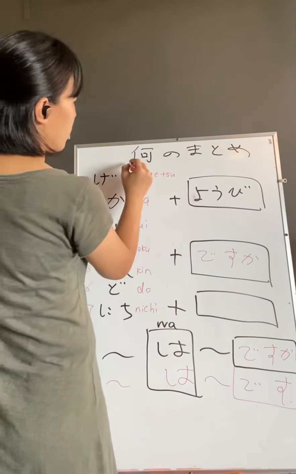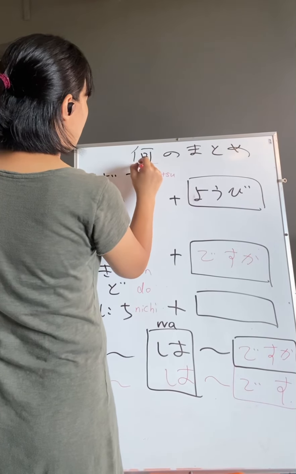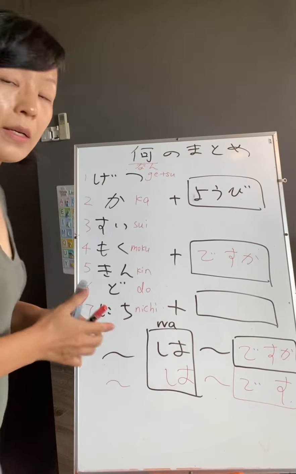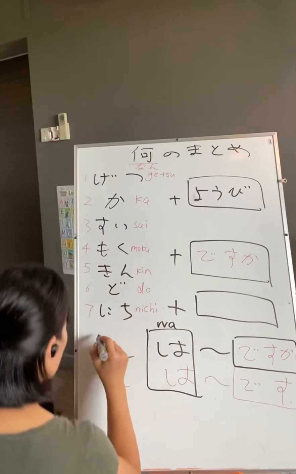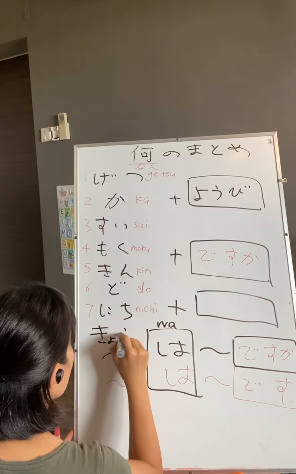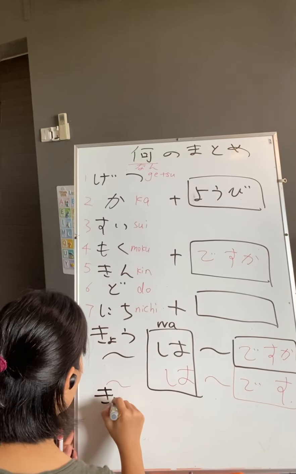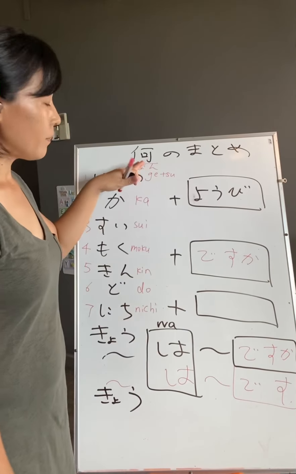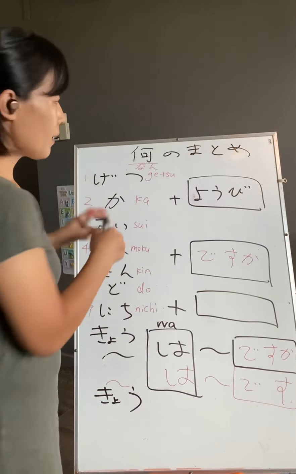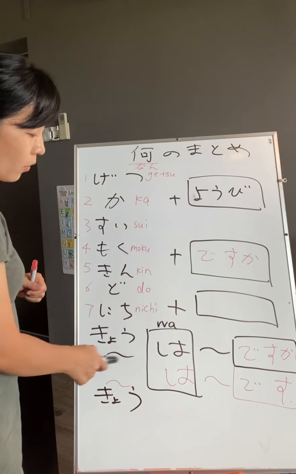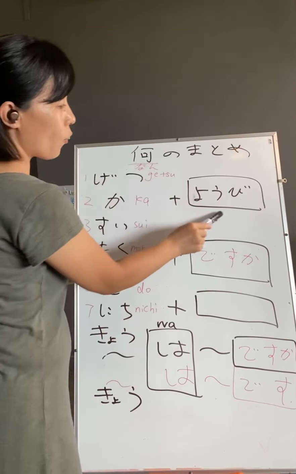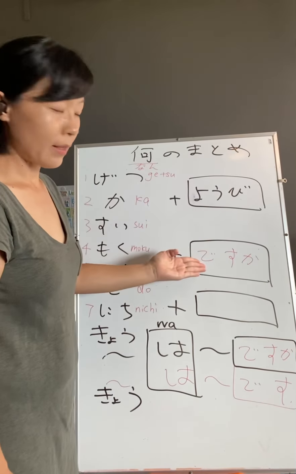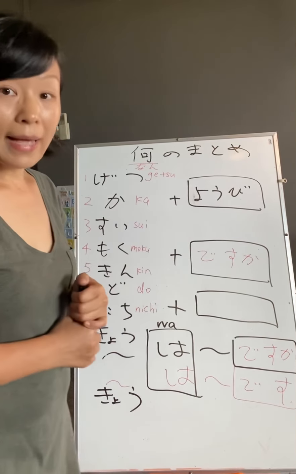So over here, today, きょうね、きょうは何 means what? 今日は何曜日ですか? いいですか? 今日は何曜日ですか? That means what day is it today?